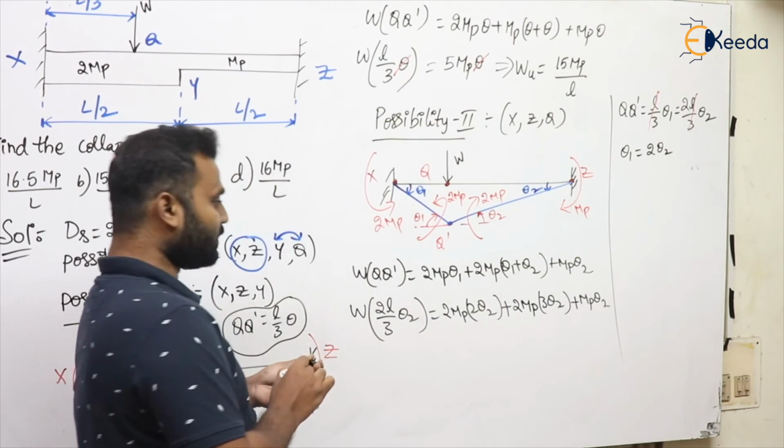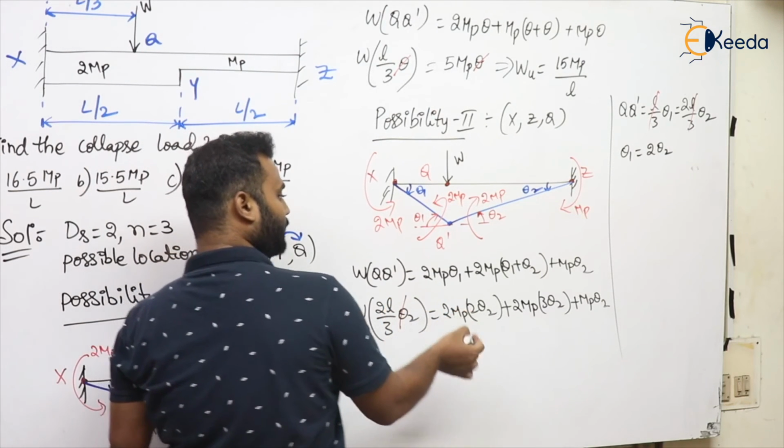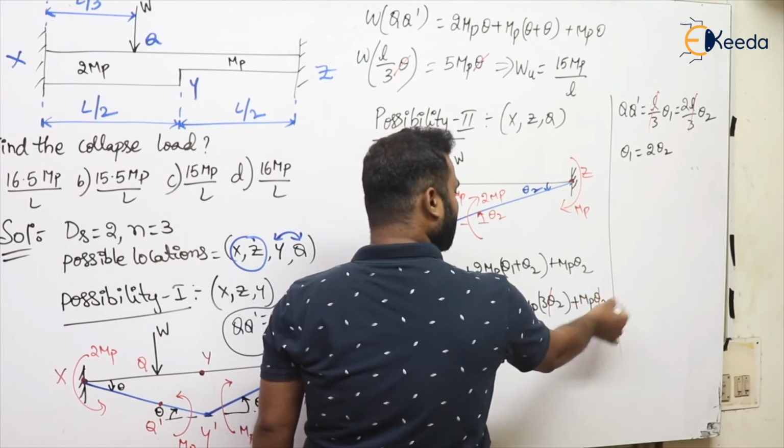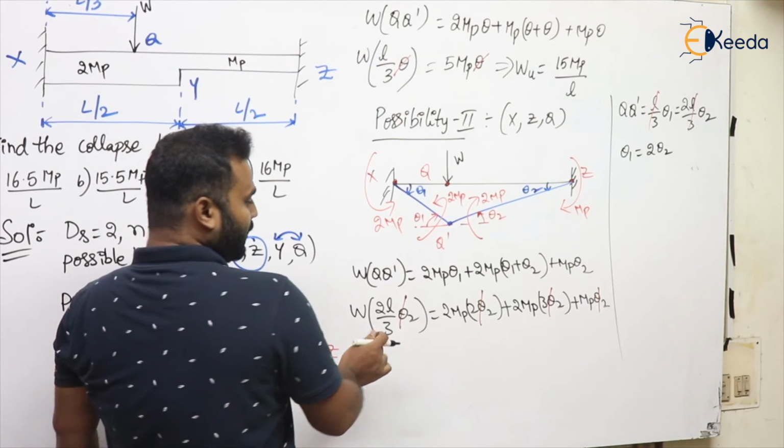Now in this total equation, cancel theta 2. So all the theta 2's get cancelled.